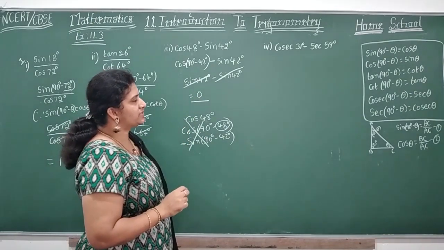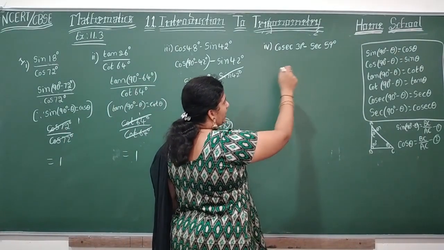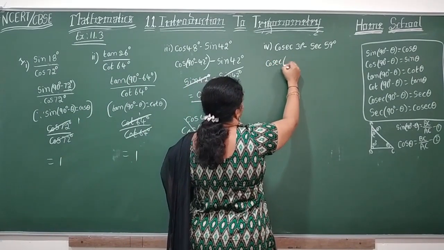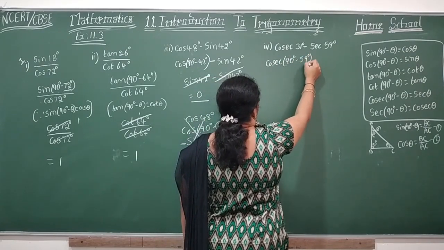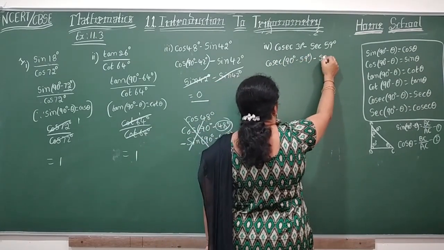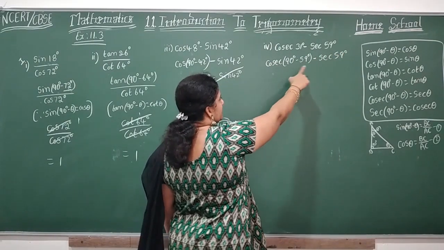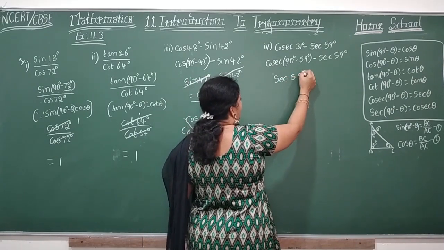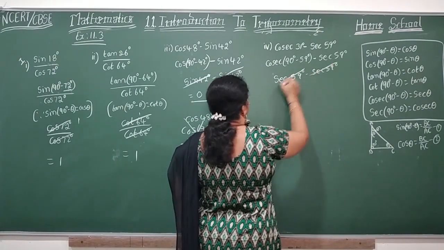So next, fourth sub question here. Cosecant 31 degree minus secant 59 degree. So let me take the first one. Cosecant 90 minus 59 degree minus secant 59 degree. So what is cosecant 90 minus theta, children? Secant 59 degree minus secant 59 degree, cancel.